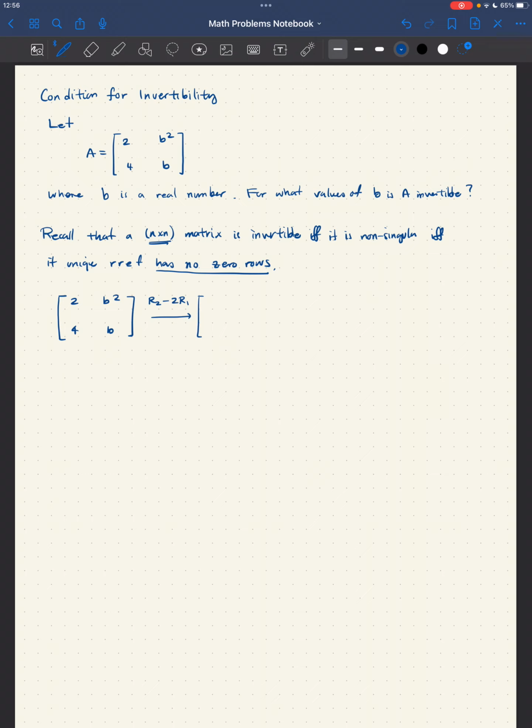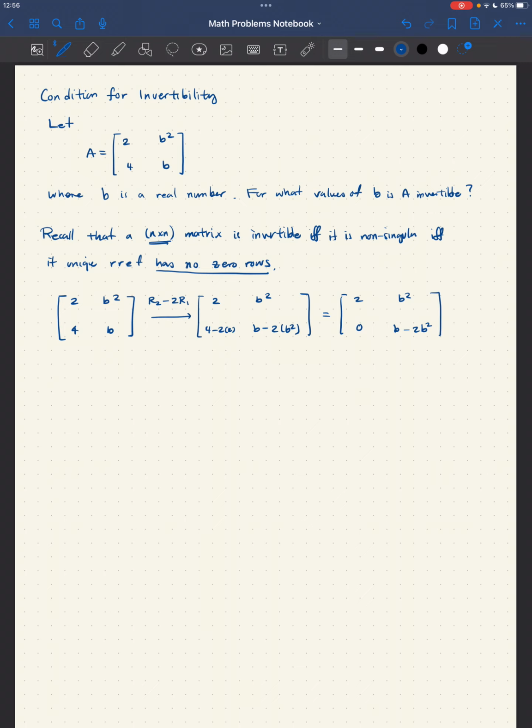And from that we get the following matrix: 2b squared, 4 minus 2 and 2 minus 2, b minus 2 times b squared, which of course we just summarize into 2b squared, 0, b minus 2b squared.